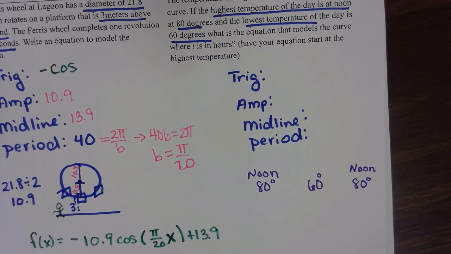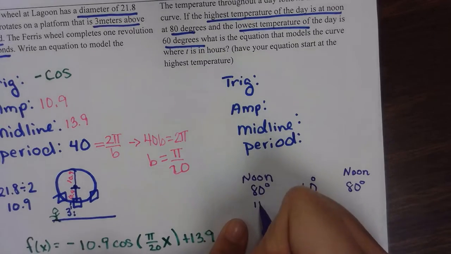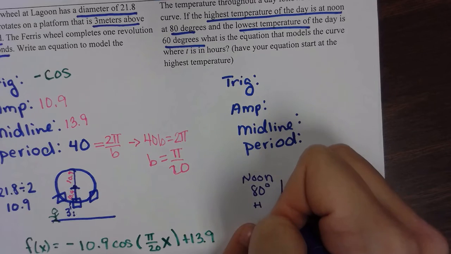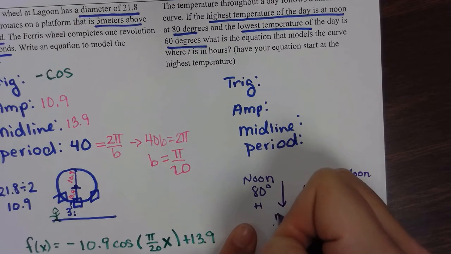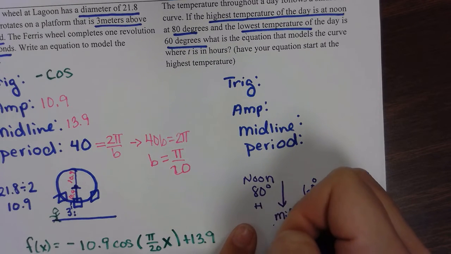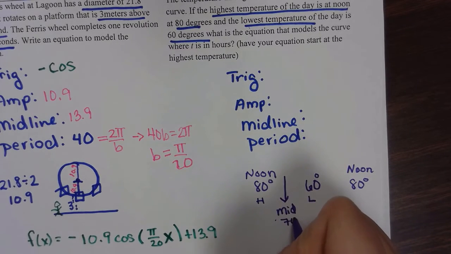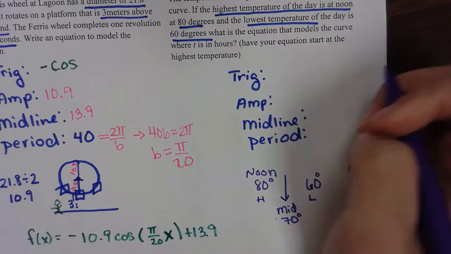Okay. All right. Well, now we know that if we go from high to low, our middle is going to be at what? 70.